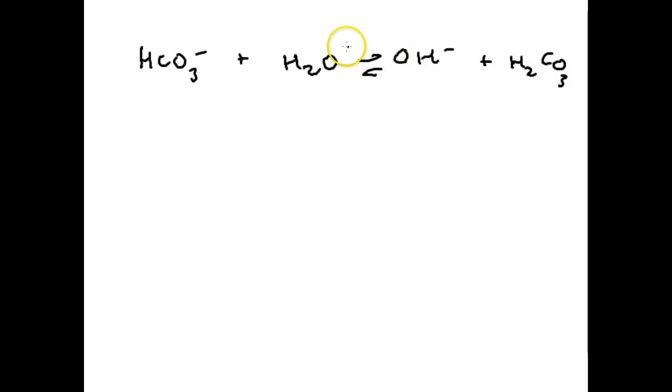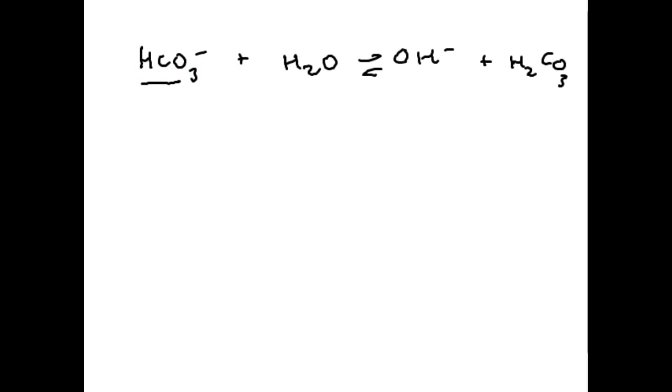There are two H's on the water. One H goes on OH minus, and the other H breaks off and sticks to this HCO3. So you get H2CO3, carbonic acid. So this is the base reaction of HCO3 minus in water.